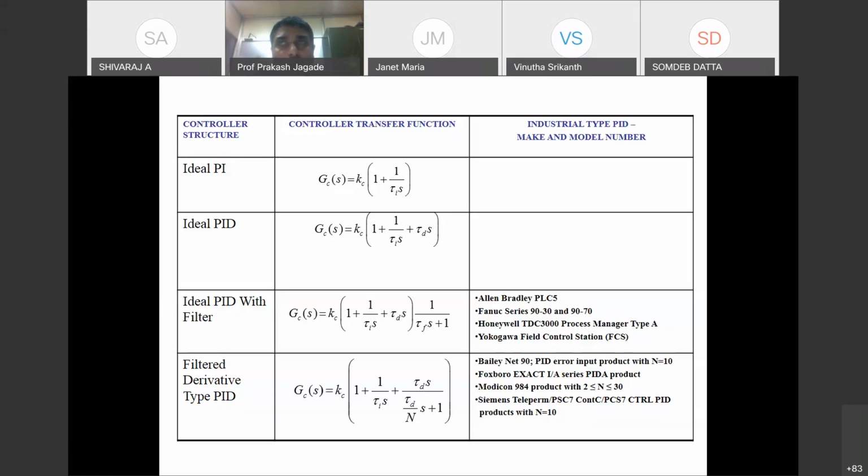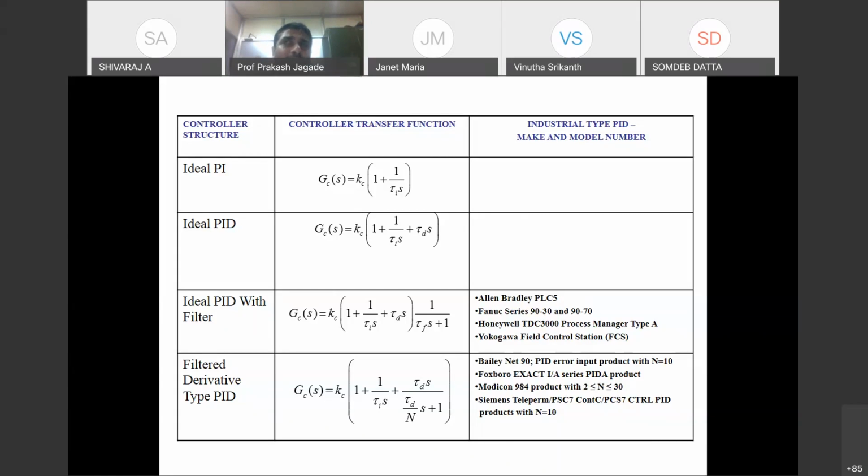And the transfer function of the ideal PID controller has been shown in the third row, which is Kc into 1 plus 1 by tau i s plus tau d s. This is the textbook version of a PID controller, shown in the second as well as in the third row.